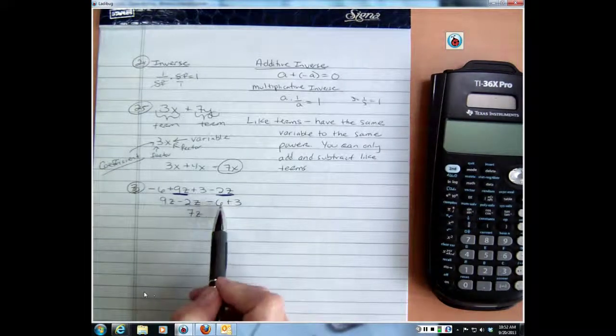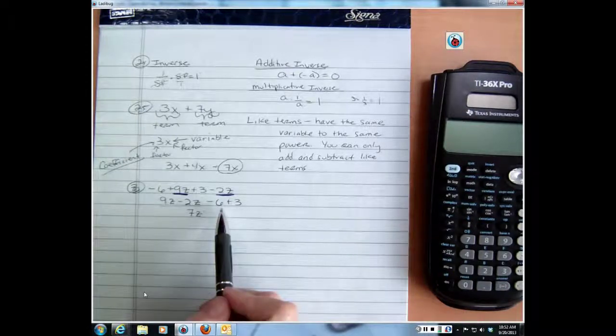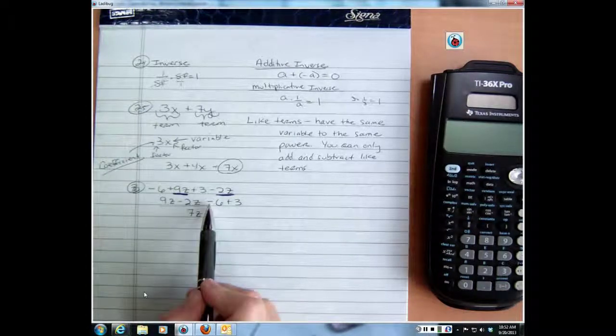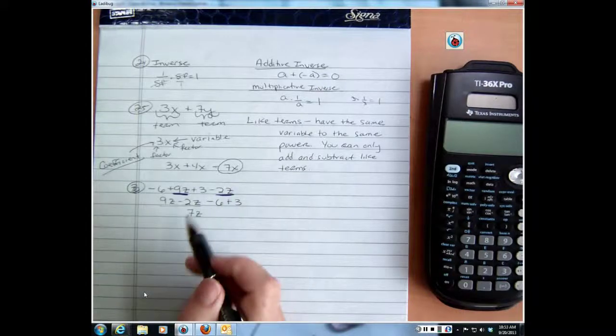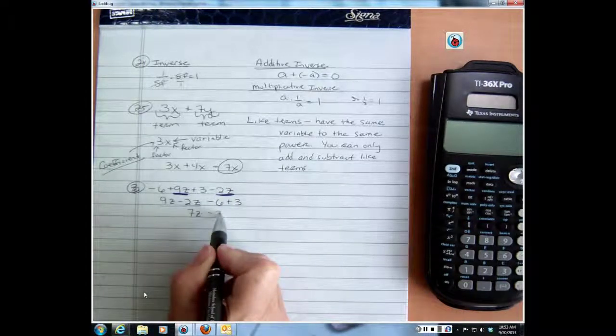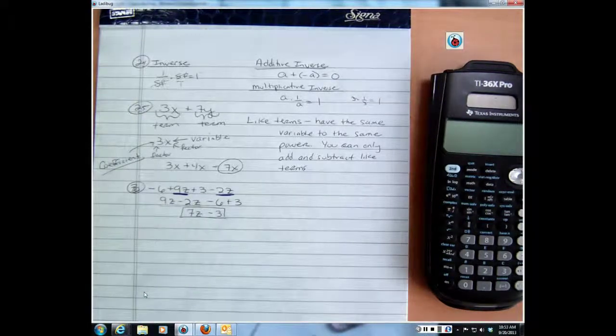Here I have negative 6 and positive 3. You can put it on your calculator, or you can ask yourself, what do you have more of? Do you have more negatives? This is like a negative 6, or do you have more positives? And the answer is you have more negatives by 3, so it's a negative 3. Feel free to put that into your calculator to check it, this part right here. But I can see that that's going to be the case.